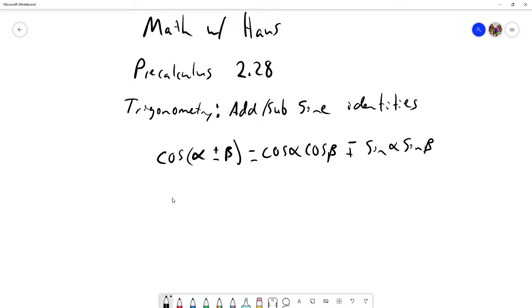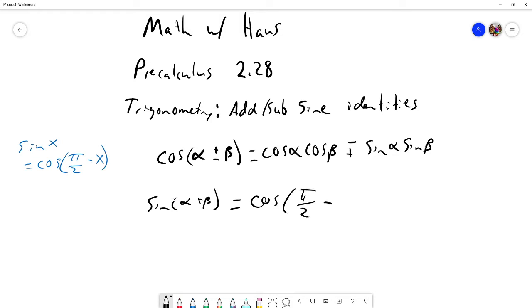So if we start with the question, what is sine of alpha plus beta, we can use the cofunction identity. So the cofunction identity said that sine of x is the same thing as cosine of pi over 2 minus x. So if we use this identity, then this is the same thing as cosine of pi over 2 minus the quantity of alpha plus beta.